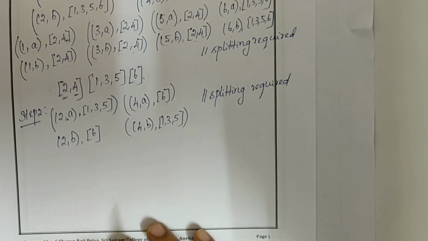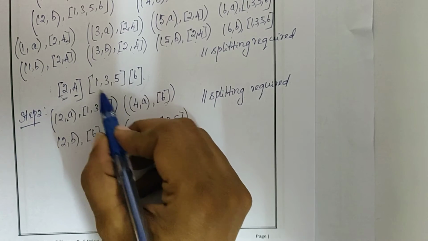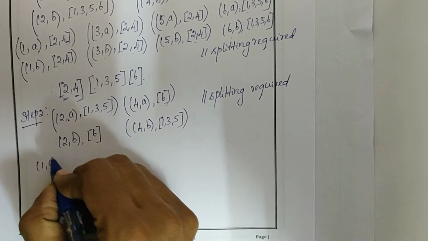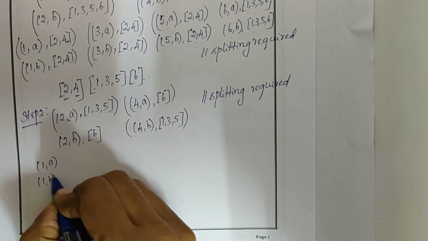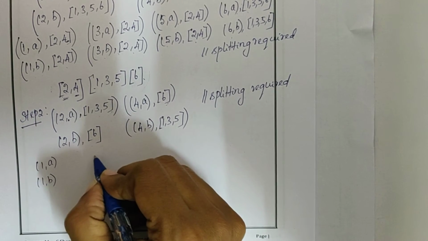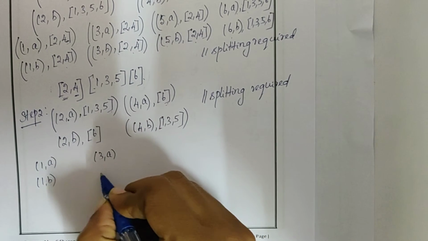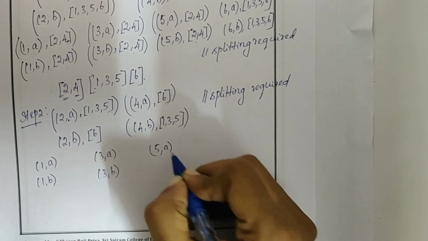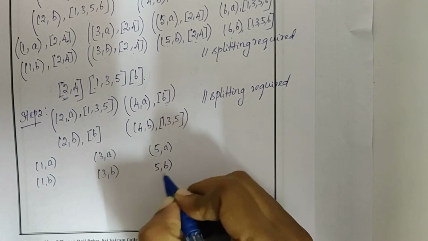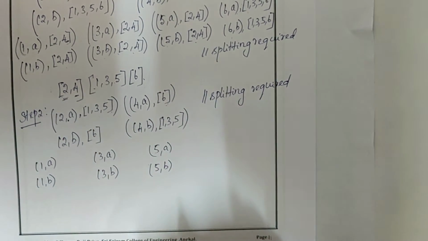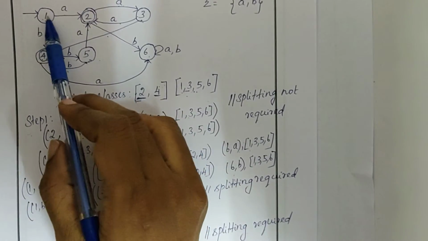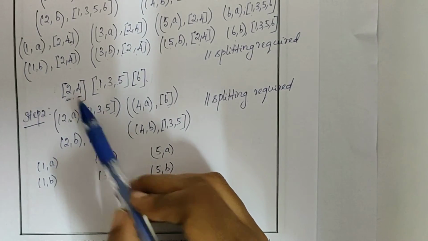Right? Next is the class 1 3 5. So I'll write 1 comma A, 1 comma B. Similarly 3 comma A, 3 comma B. Next 5 comma A, 5 comma B. Okay, I'll check. 1 comma A. 1, when it takes A input, is moving to 2. 2 belongs to which class? 2 comma 4.